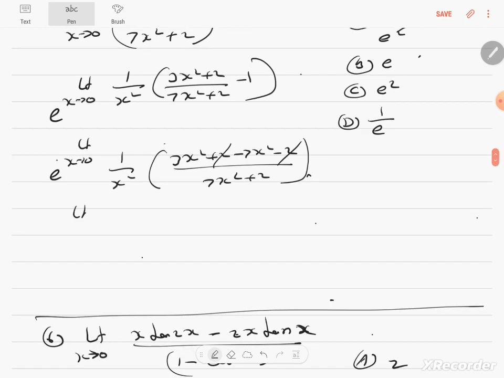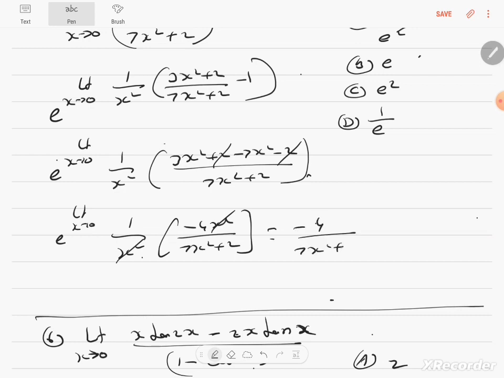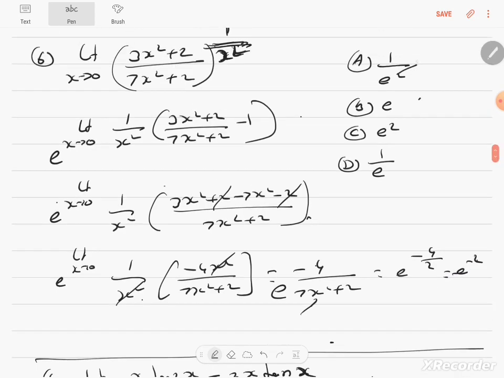The limit of e to the power x tends to 0, 1 by x square into this is minus 4x square by 7x square plus 2. Now x square and x square get cancelled, so minus 4 by 7x square plus 2, and when you substitute x as 0, you get e to the power minus 4 by 2, e to the power minus 2 is the right answer, so 1 by e square is the right answer.